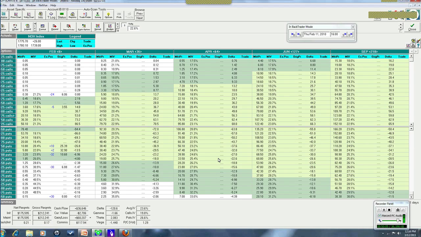What I like to do when I'm in a situation like this on a trade is take a look at a 2 standard deviation move. That's a pretty big move, a once in every 20 days move. If I get that big of a move, where will I be?